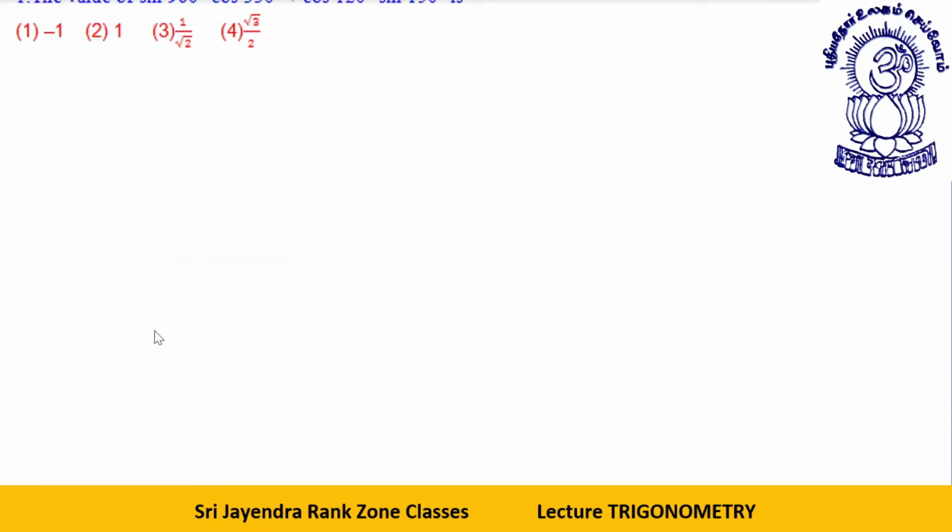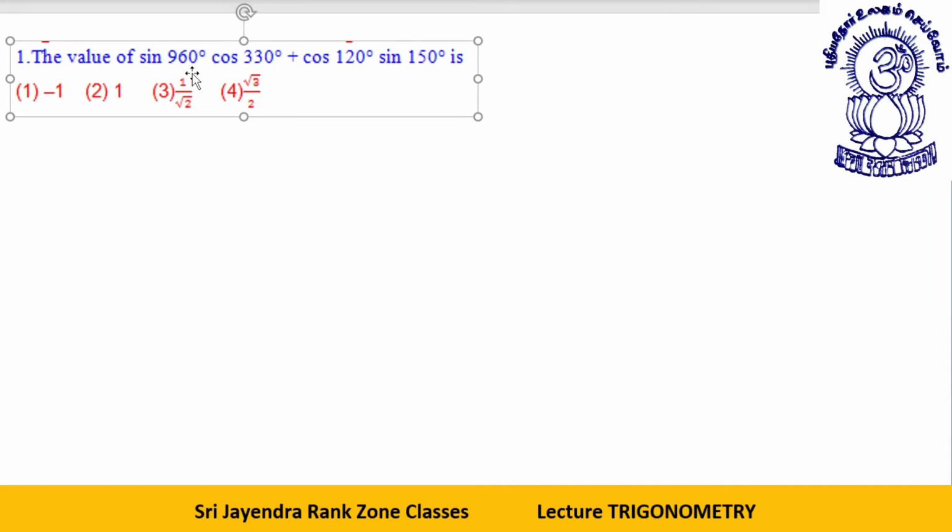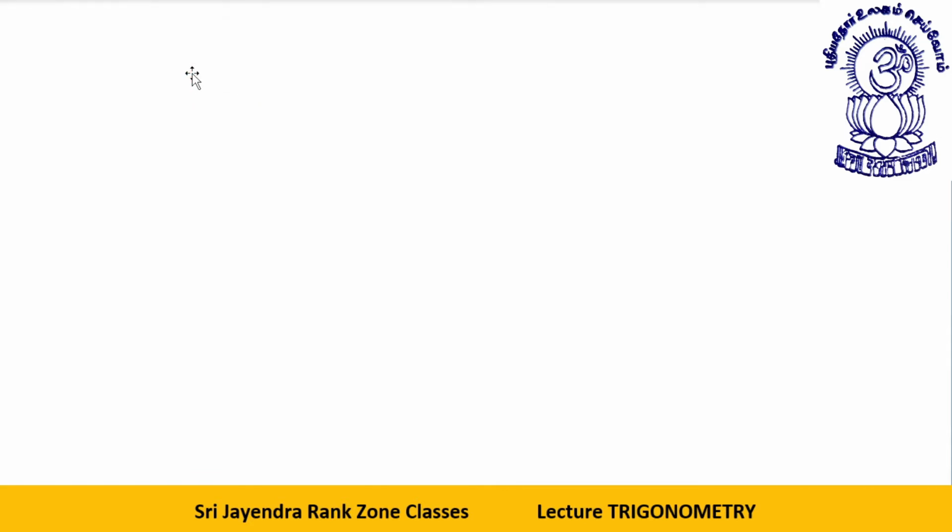Okay, let's proceed further. Next is, let's move to the formulas for cos. I write cos x plus y. The formula for cos x plus y will be cos x cos y minus sin x sin y. Let's find a value.